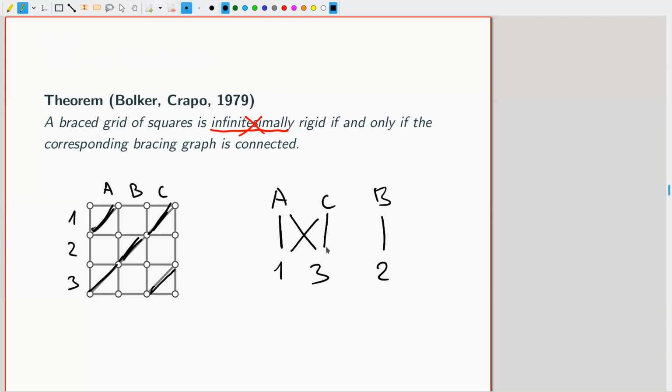So we see that this is what they call the bracing graph. It's disconnected, so the structure is flexible. That's the structure I was indicating on the previous slide with its flex.